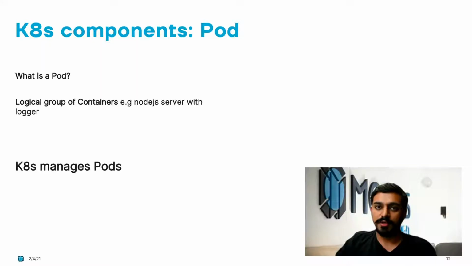For example, if we have an application server running, we can also have a logger running with the application server, which is logging all the logs to one file system. So these two containers can be logically grouped together into the application server pod. And then Kubernetes will manage this pod for us. So that is a very basic answer to what a pod is. It is the basic unit in Kubernetes terminology, and Kubernetes will manage pods.